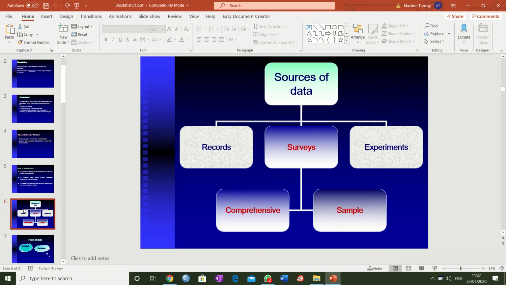Okay, so there are lots of sources of data that we can get for our research. Records. We can record our patients. We should have records, of course, of how many times they come to us, what their problem is, and how we fix them.